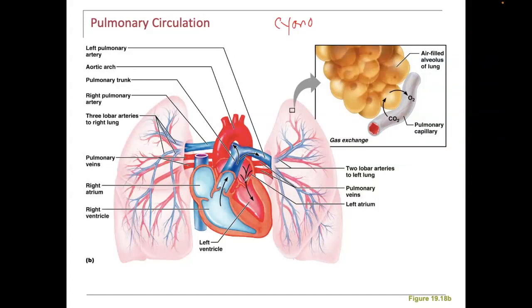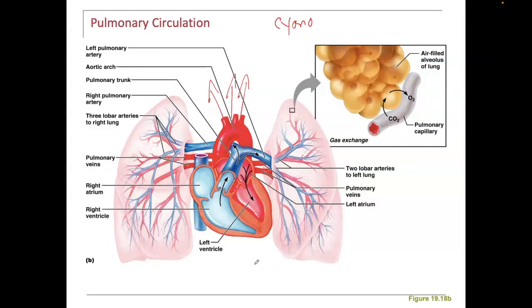And the left-hand side now receives the oxygenated blood, and that oxygenated blood is pumped from the left side of the heart out into major blood vessels to pump the oxygenated blood up into the head, the neck, arms, and then down to the abdomen and the lower extremity.